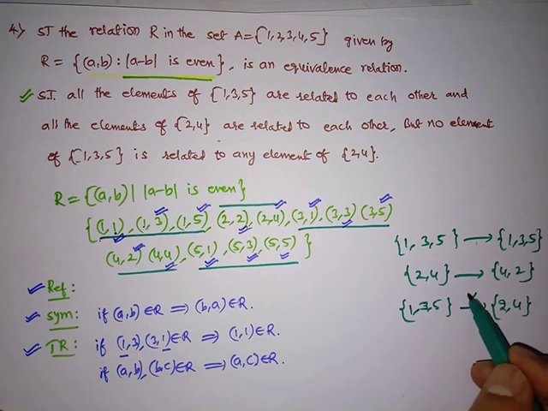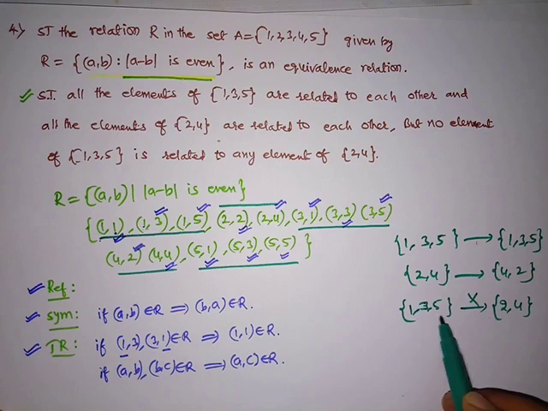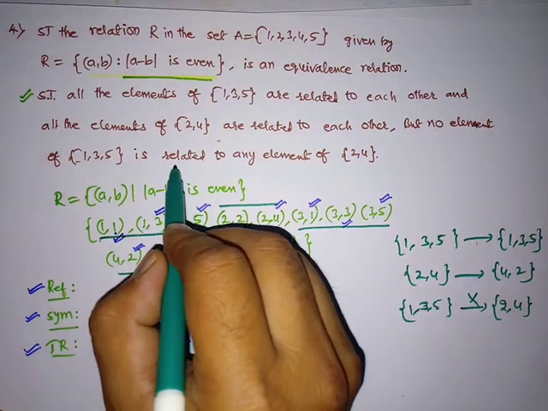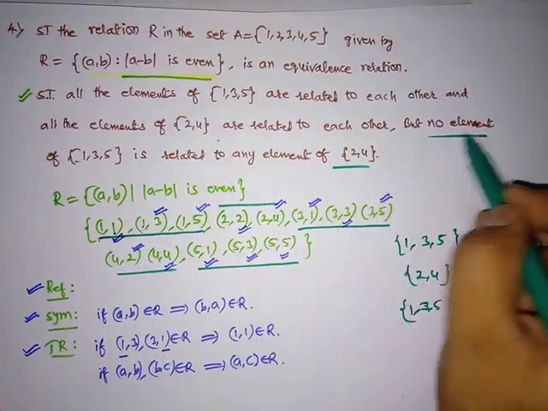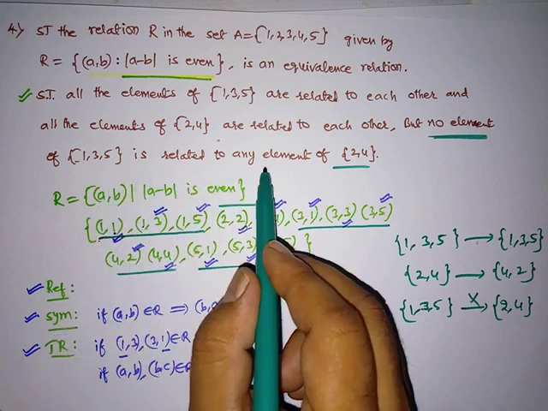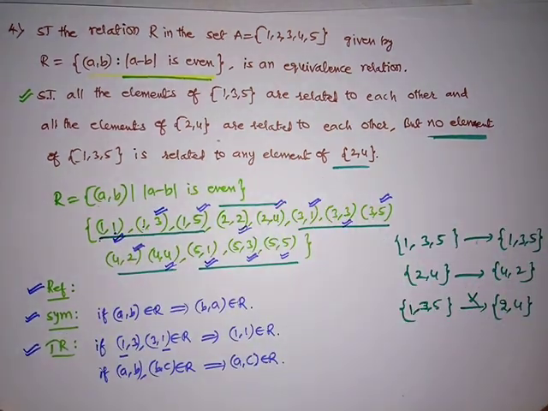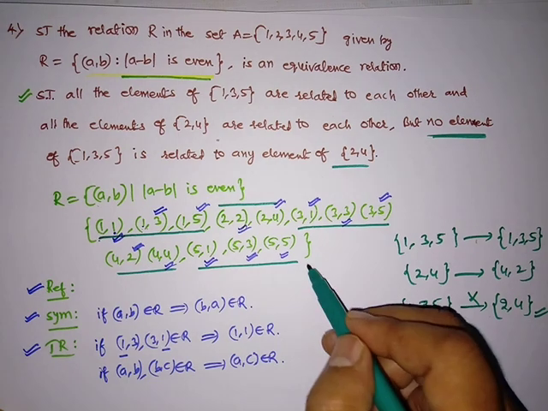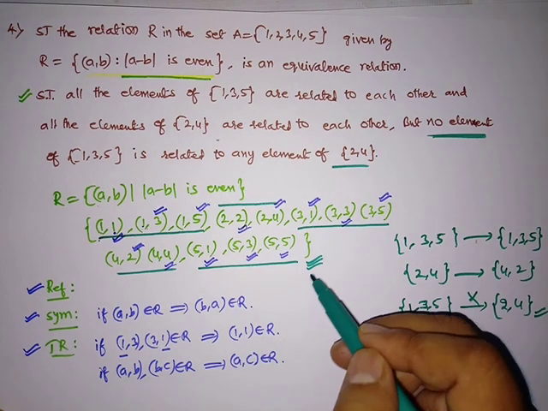So no element of {1, 3, 5} is related to {2, 4}. Likewise, the elements 2 and 4 are not related to {1, 3, 5} in any way. So no element of {1, 3, 5} is related to any element of {2, 4}. This can be shown from the writing of the relation.